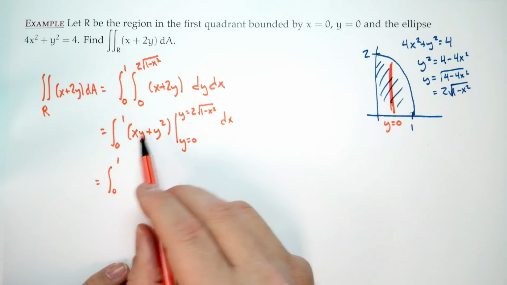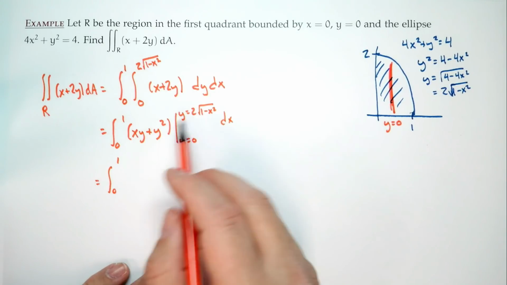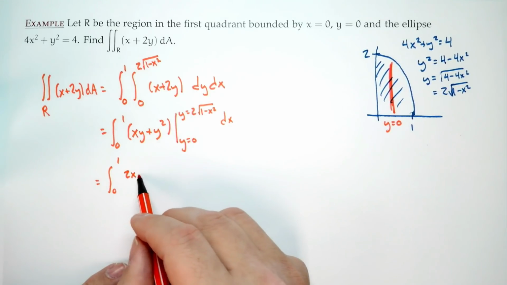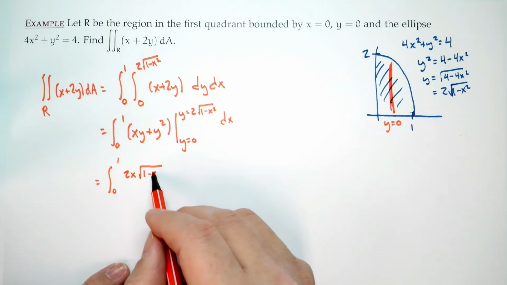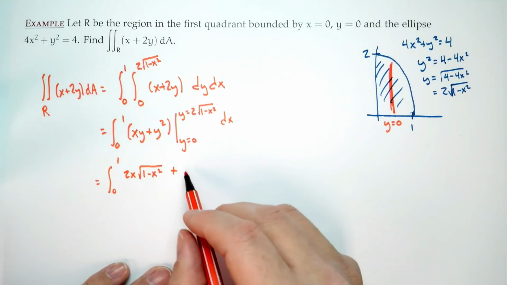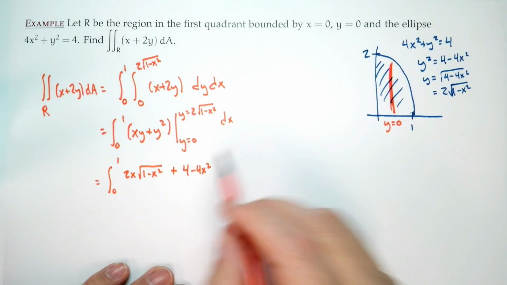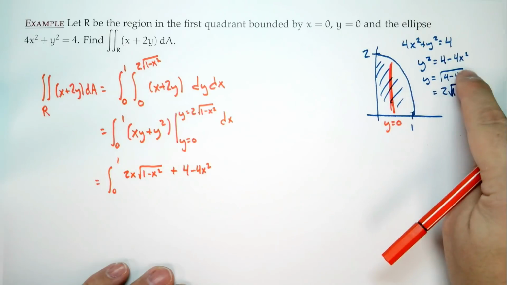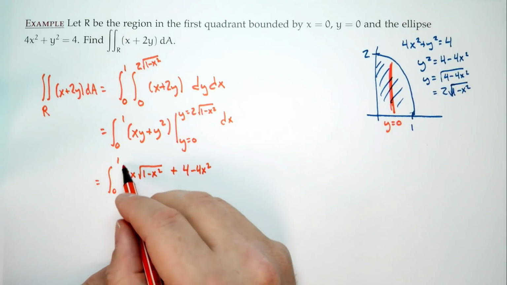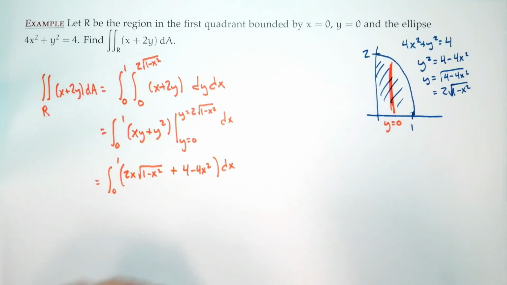We're going to get x times y, so x times 2 square root 1 minus x squared, I'll write that as 2x square root 1 minus x squared, and then plus y squared, which is 4 minus 4x squared. Because we actually did y squared over here, it's 4 minus 4x squared. And that integral is going to be dx. Now, that's not so bad.